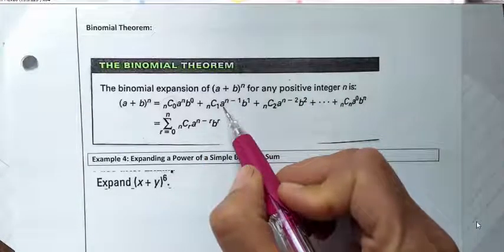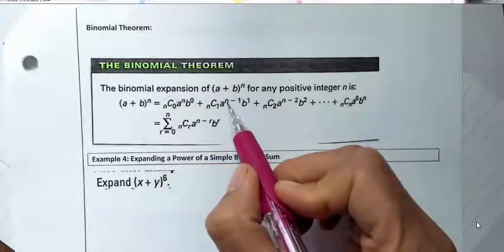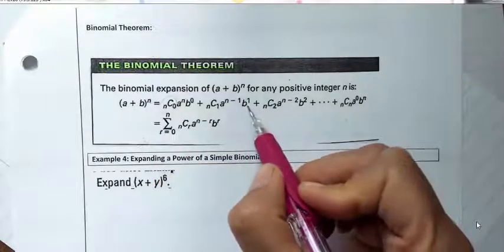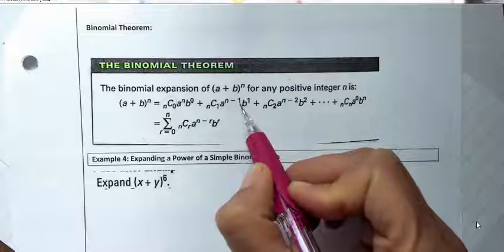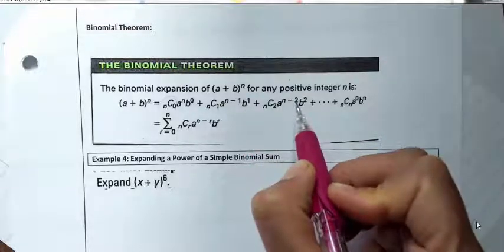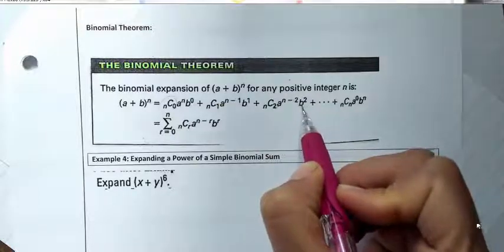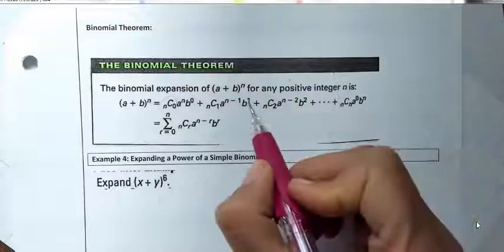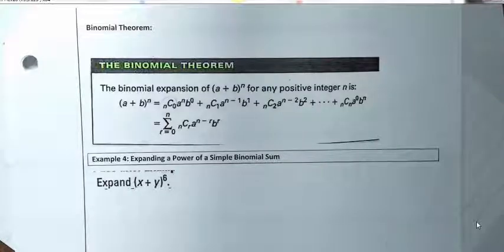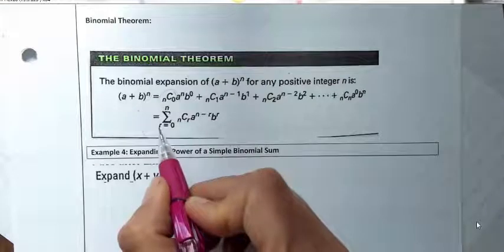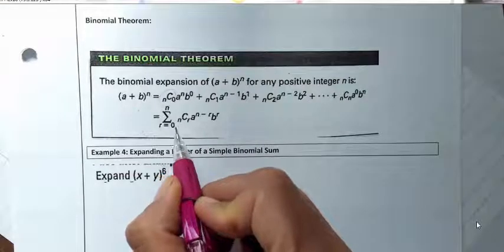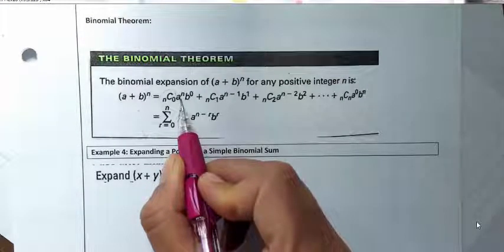Your power of your first term is going to reduce by 1, and your power of your second term is going to increase by 1 every single time. So now this would be, instead of n minus 1, if we're decreasing it by another degree, we're going to do n minus 2. And then this is going to go up, right? So this is constantly increasing the second term. And then they summarize this using a summation. They say from r being 0, which is basically what's happening here, r is 0.